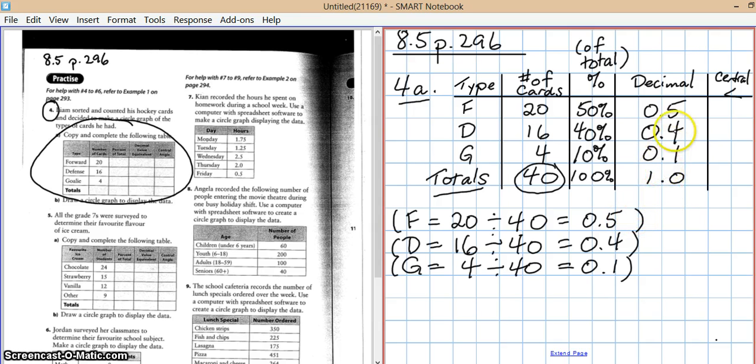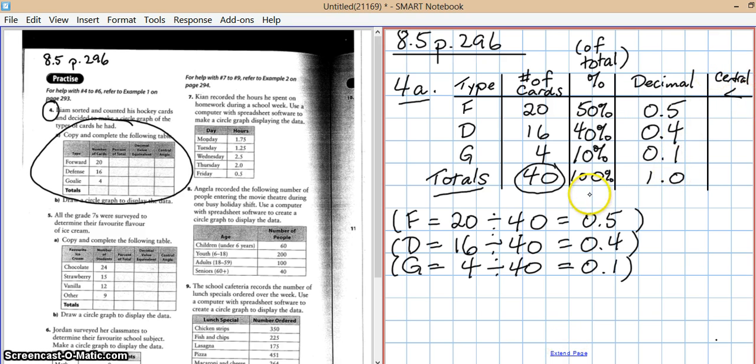In that case, you would have to round your percent to the nearest whole number. Again, if you have numbers that don't work out as nicely as this data set does, please make sure you always round to the nearest whole number. So when you're adding up your percents or your decimals, you may not necessarily get exactly 100% or 1, but you should be close.